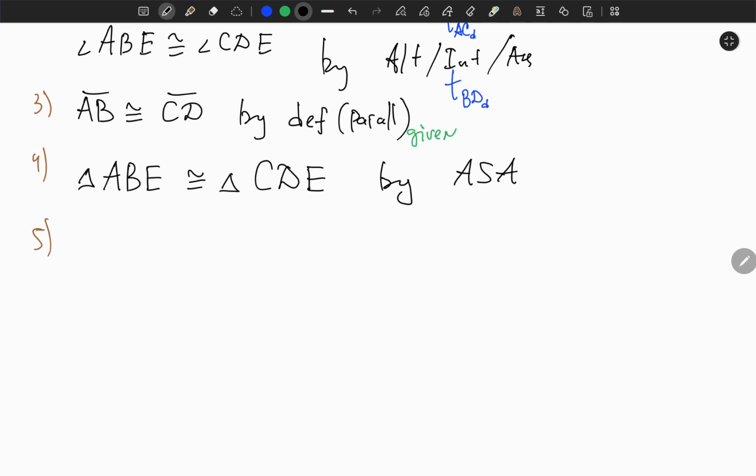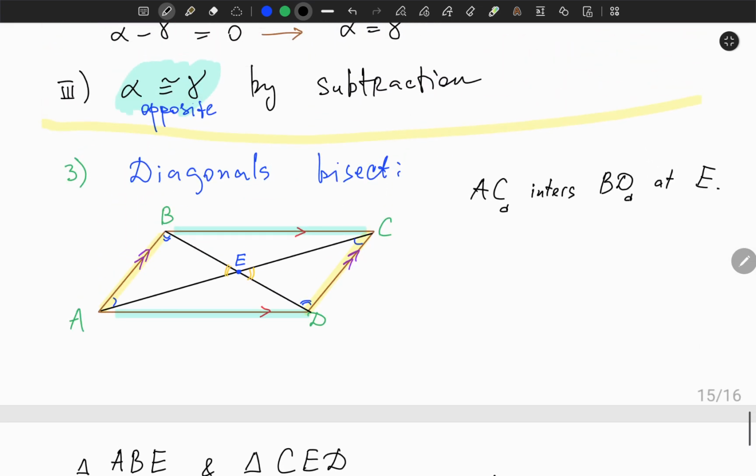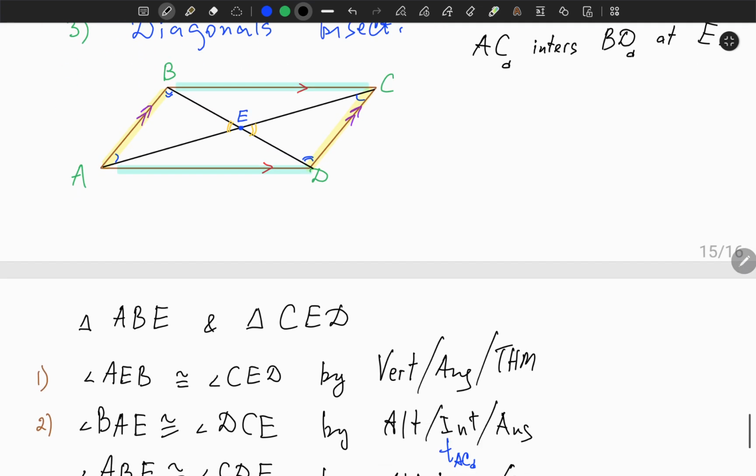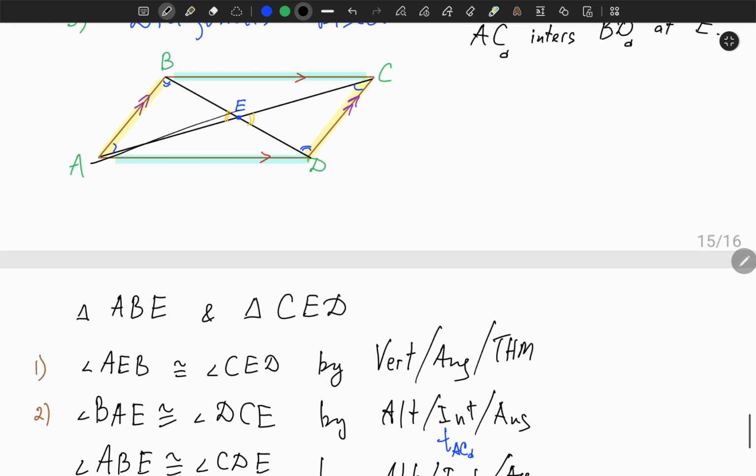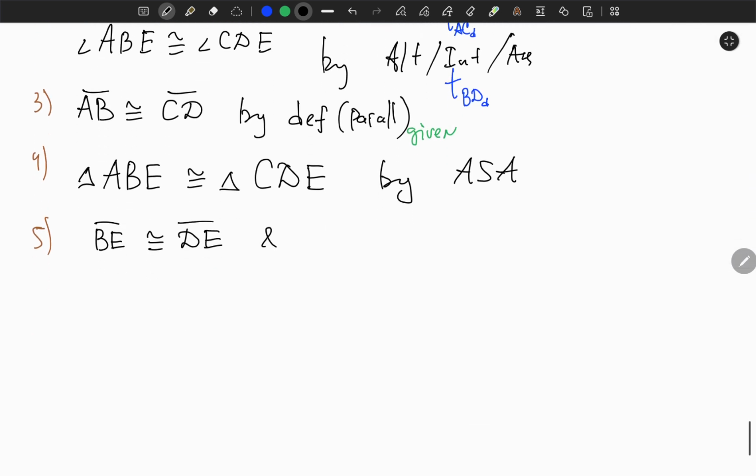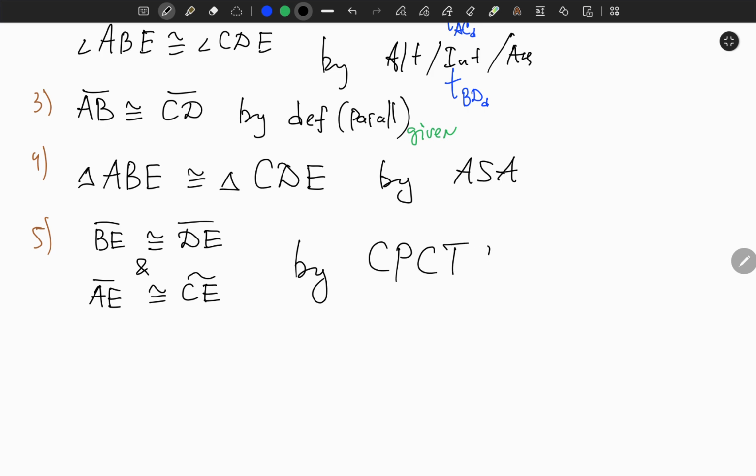By the sides, which means BE is congruent to ED, and AE is congruent to CE, by corresponding parts of congruent triangles are congruent, CPCTC.